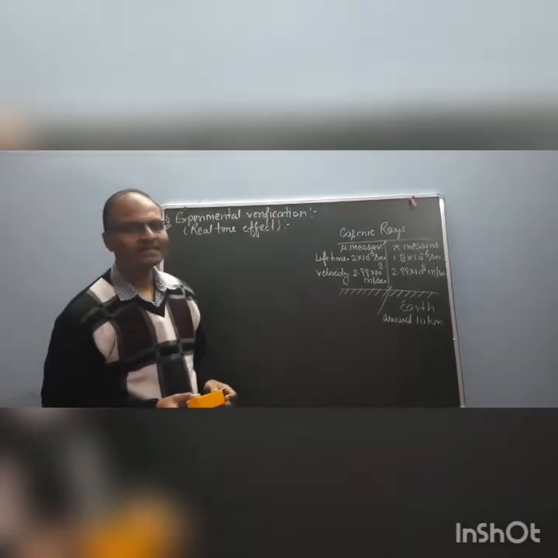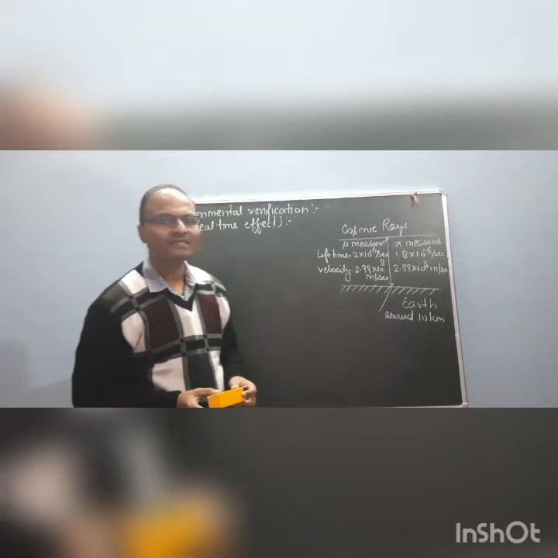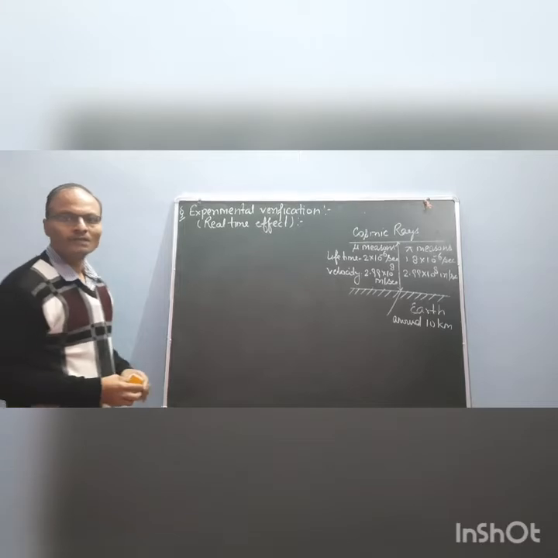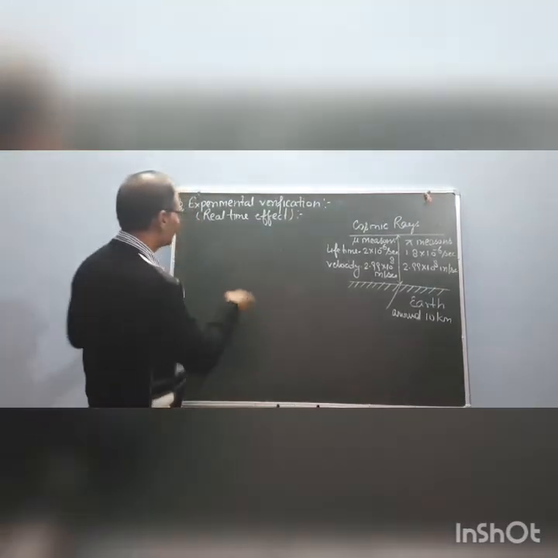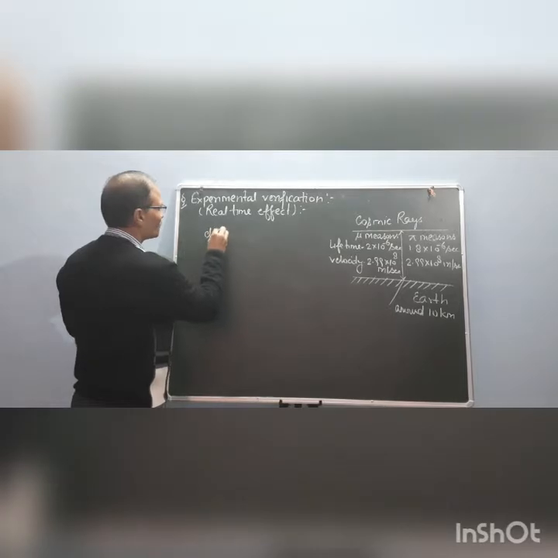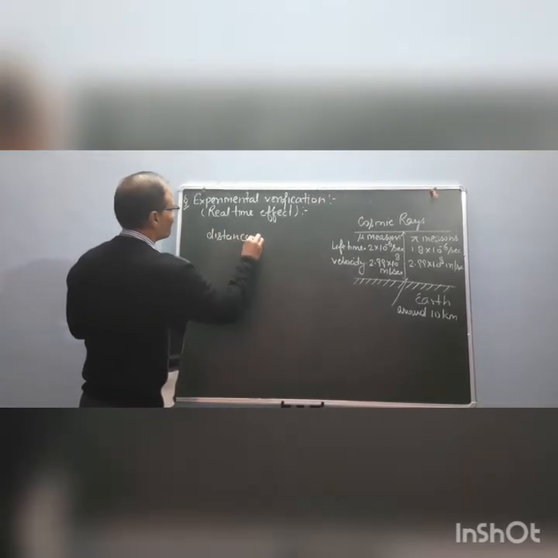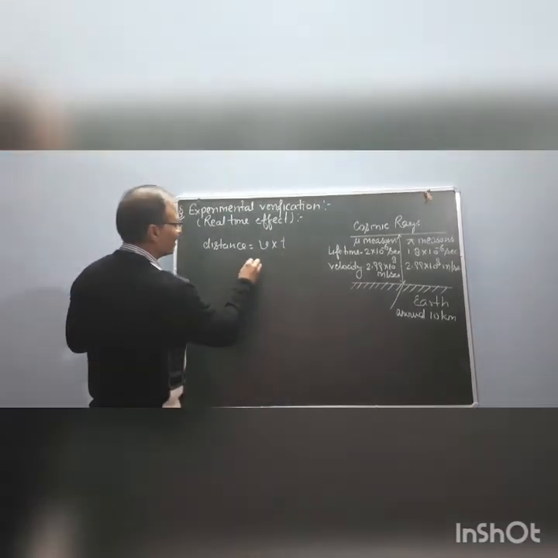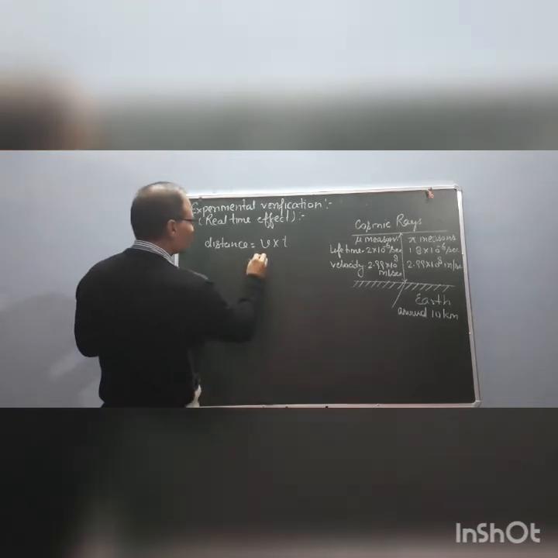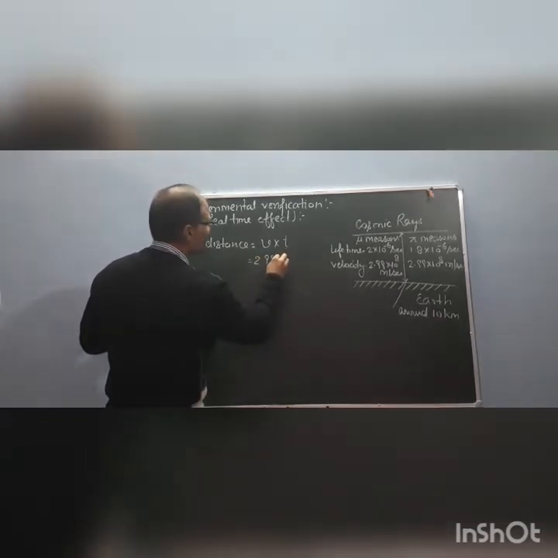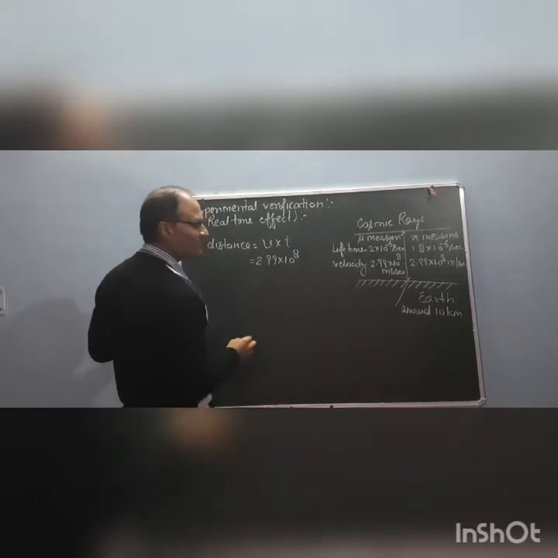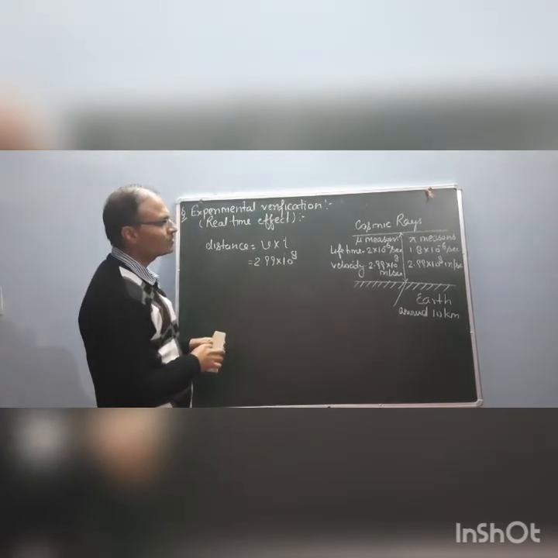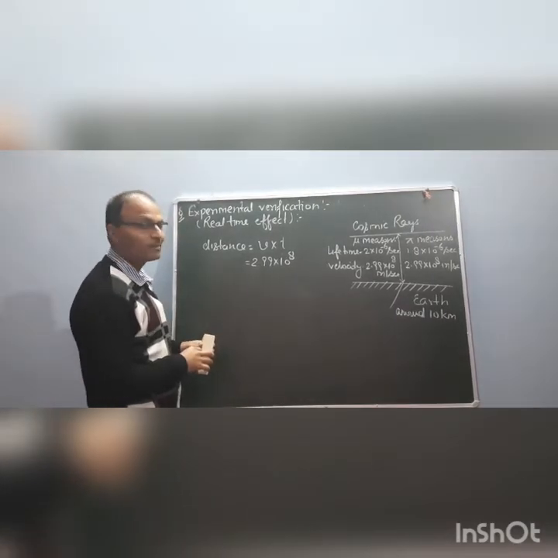If we consider the concept of classical physics, then calculate the distance: velocity into time. The velocity of mu meson is 2.99 into 10 to the power 8 meter per second, and t is the lifetime for which the mu meson rays exist in space.